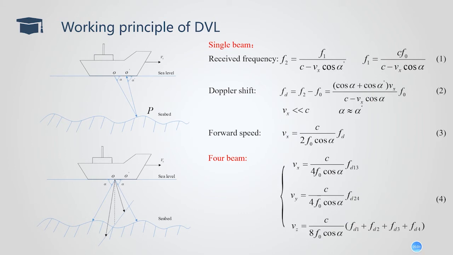The Doppler frequency shift is obtained by measuring the frequency of the transmitted beam and the frequency of the reflected beam. The velocity of the underwater vehicle in the 3 directions of the carrier coordinate system is obtained as Formula 4.